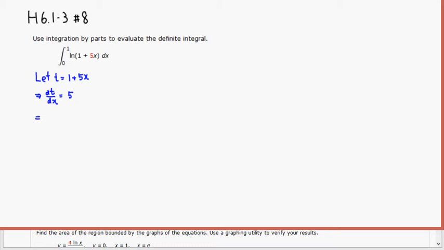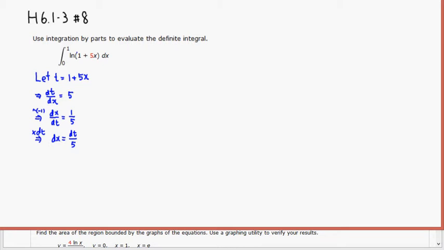Then we can take the reciprocal of both sides, so we have dx over dt equal to 1/5. Then we can multiply through by dt, so dx can be written as dt over 5.